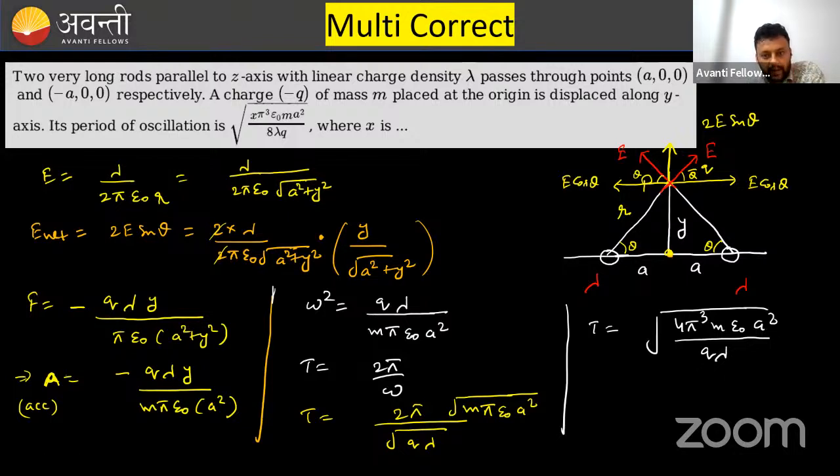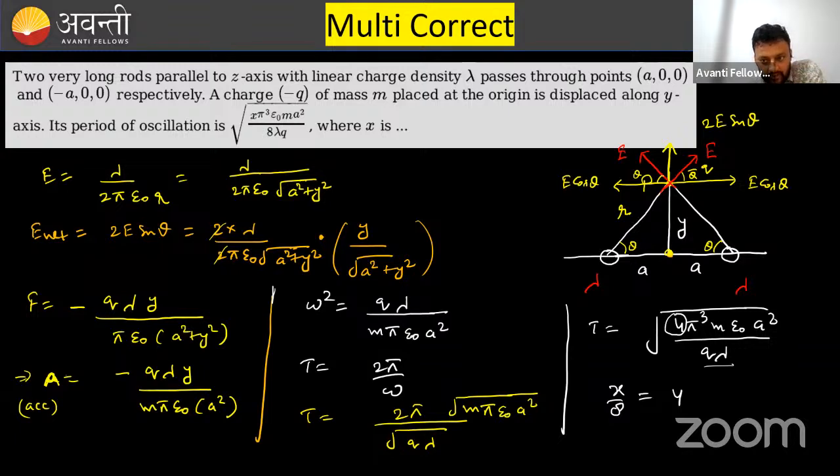Now check, answer is saying pi cube is common, similar epsilon naught m a square q lambda. Everything is similar. I have this term 4 and they have the term x by 8. So can I say x by 8 is equal to 4? In their answer, x by 8 is there.